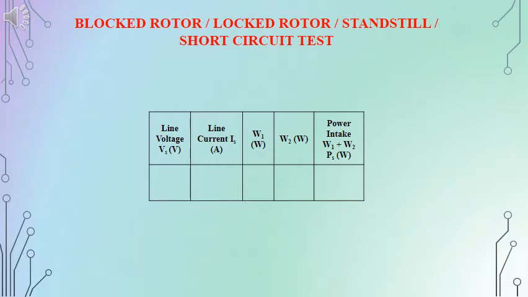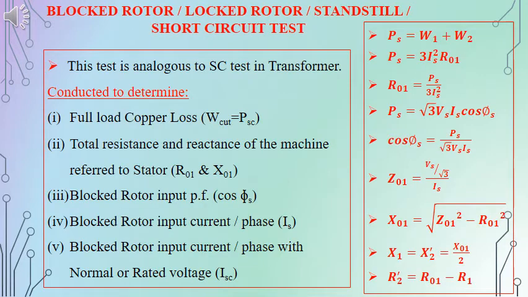The slide shows the tabular column that is required to take the readings of the block rotor test. As I had already mentioned, the block rotor test is similar to the short circuit test that we conduct on the transformer.